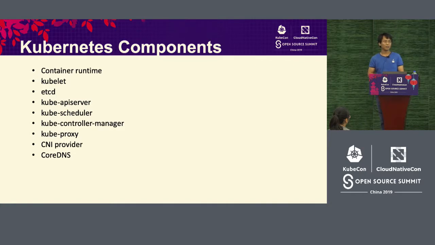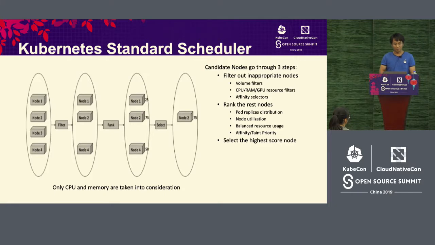The controller manager manages the life cycle of controllers. And kube-proxy is a component to manage the network and IP, providing level 2, level 3 and cluster communication and the network policies. And CoreDNS is the DNS server.